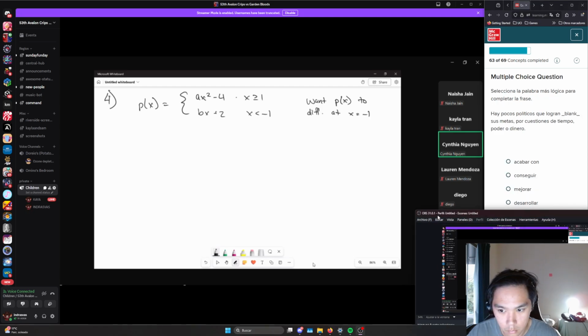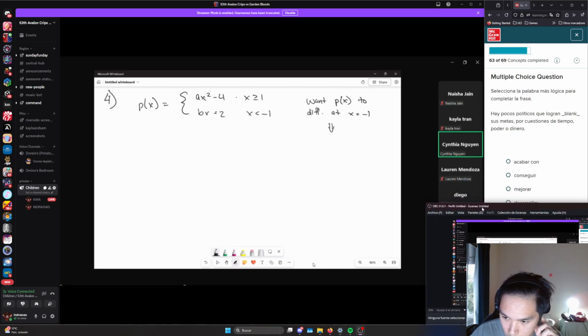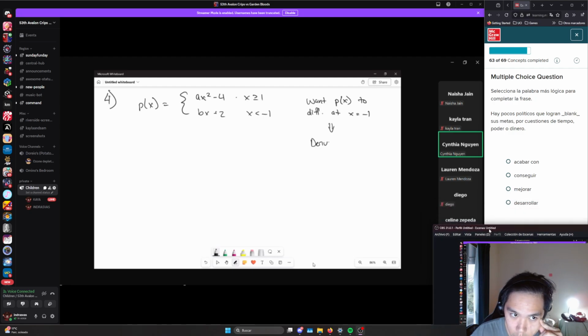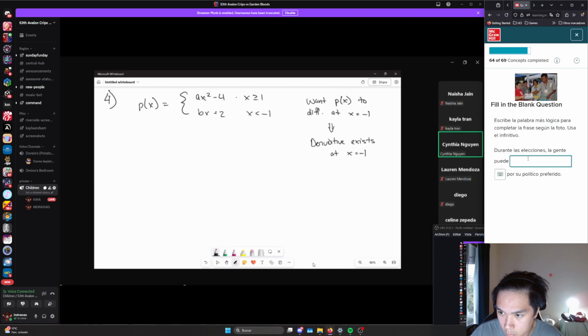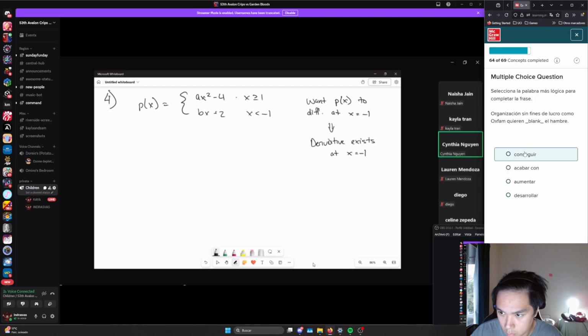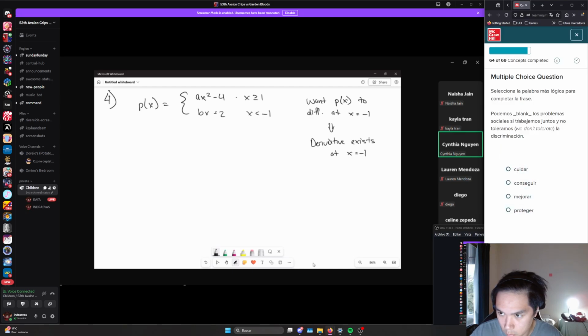To be differentiable at x equals -1 means the derivative exists at x equals -1. And because the derivative can be defined as a limit, you're basically saying I want the limit on the left hand and the right hand side to equal each other, which is saying I want my derivative to the left of -1 and to the right of -1 to equal each other.